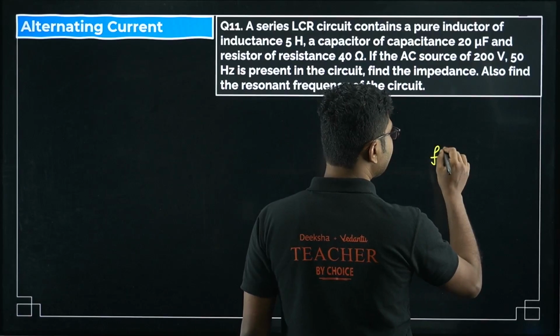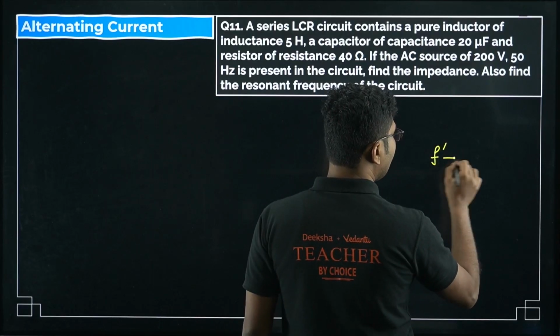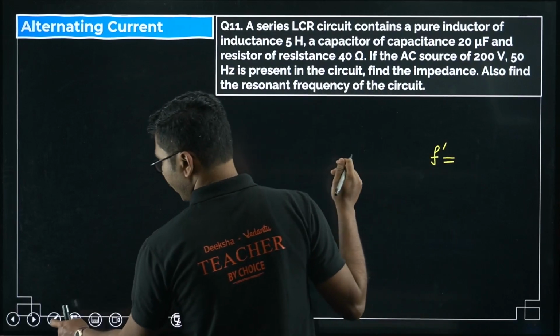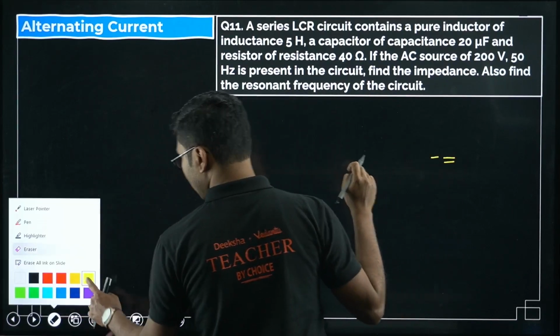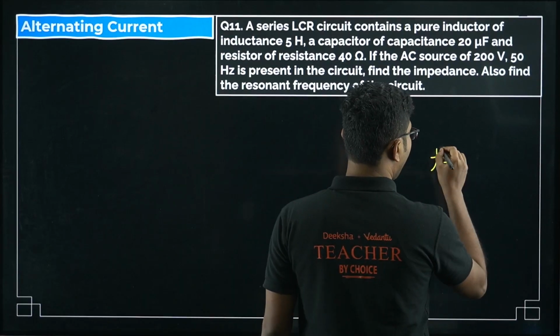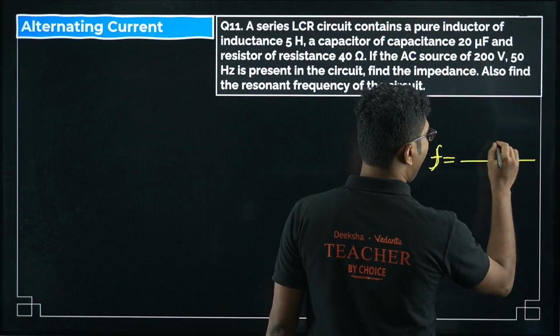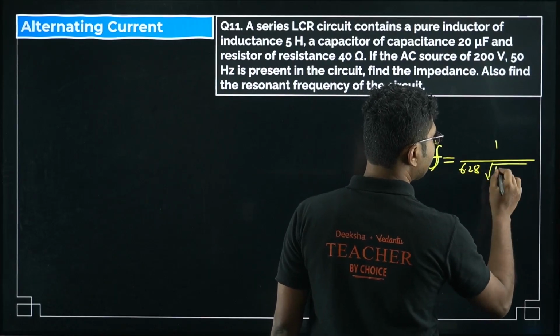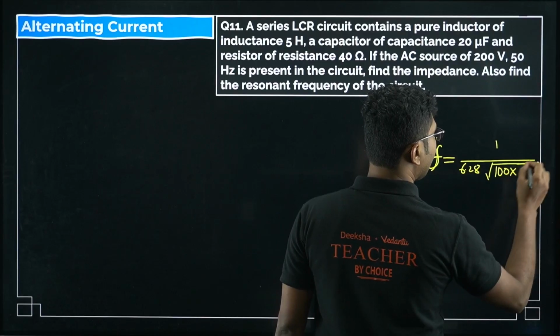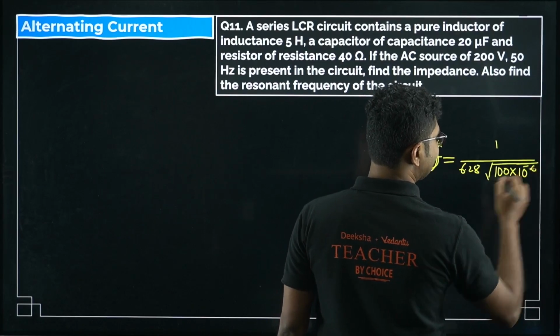So frequency is basically given by 1 by 6.28 into 5 into 20, that is 100, into 10 to the power of minus 6.